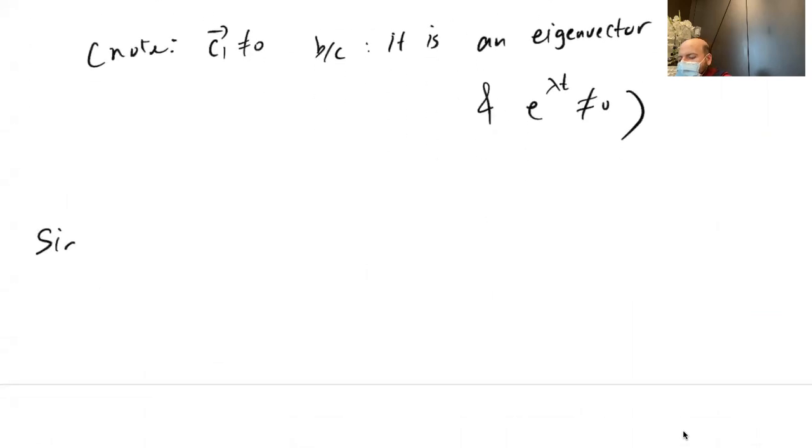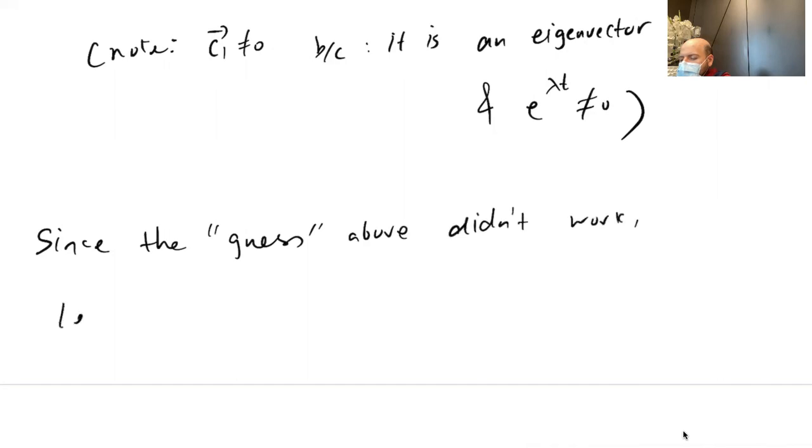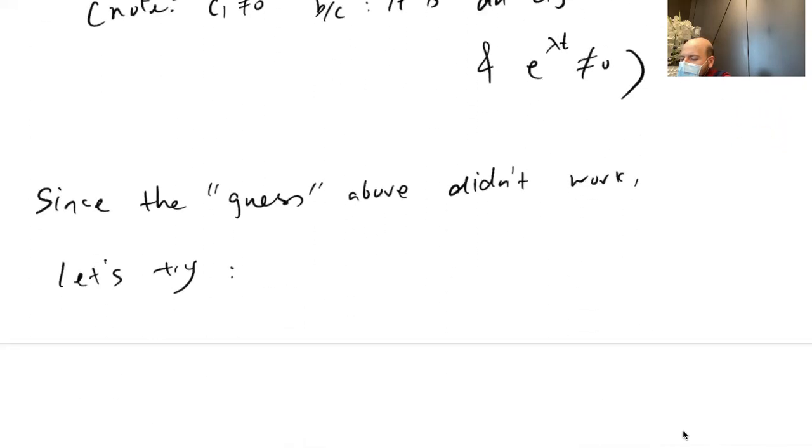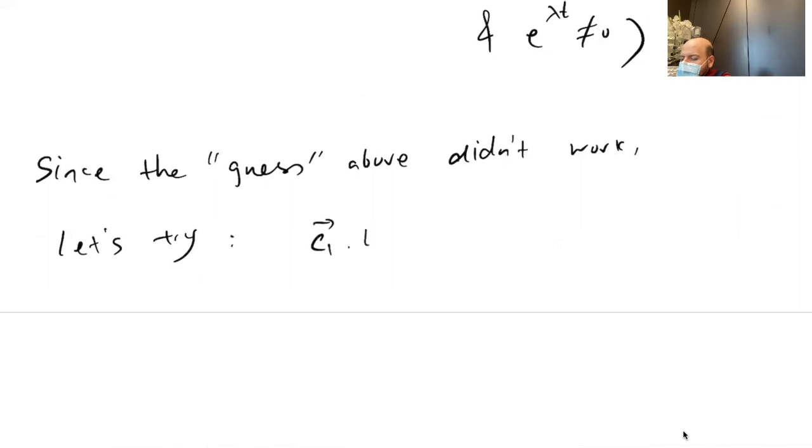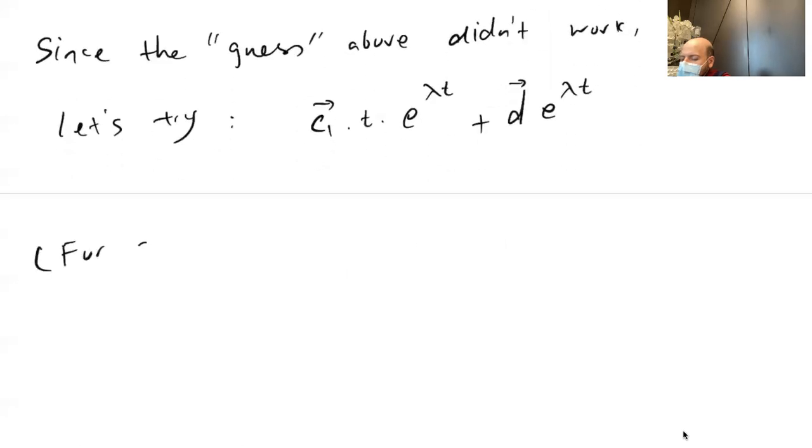Since the guess above didn't work, let's try something else. What if I try C1 t e to the power lambda t plus another vector, d times e to the power lambda t, for some vector d, which is to be determined later?